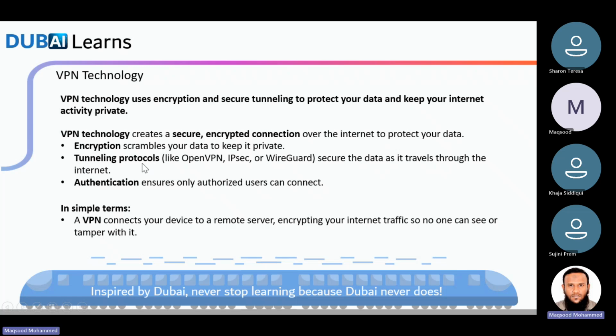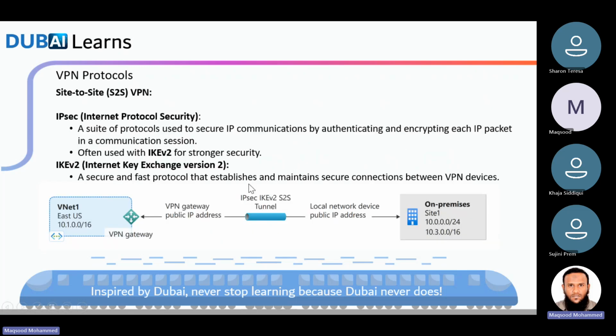It uses tunneling protocols for hiding the traffic, and there is an authentication mechanism as well. In simple terms, a VPN connects your device to a remote server. It can be a remote server or it can be a site-to-site VPN. We'll see in the next slides. It encrypts your internet traffic so no one can see or tamper with it. Right? That's the purpose of the VPN.